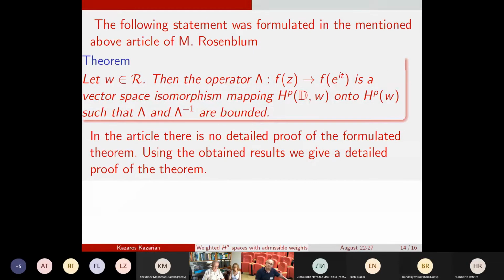Then such operator lambda and its inverse operator are bounded. But he doesn't formulate a theorem. At the end of the article, he gives some scheme of some details around the proof of this statement, but I think that it's not complete, okay? But this gap can be filled. I consider that it is Rosenblum's theorem, okay?